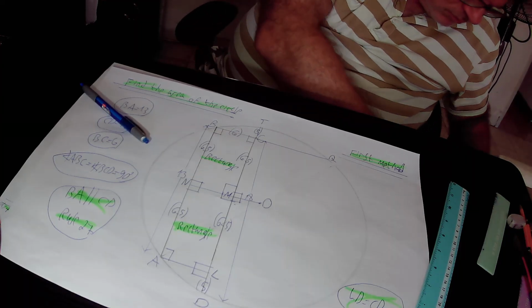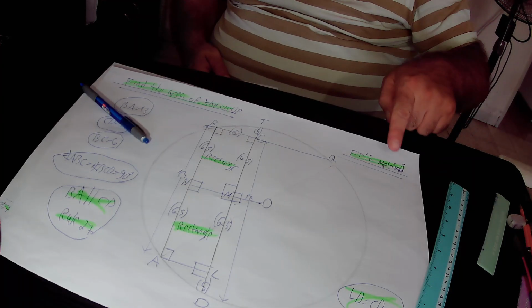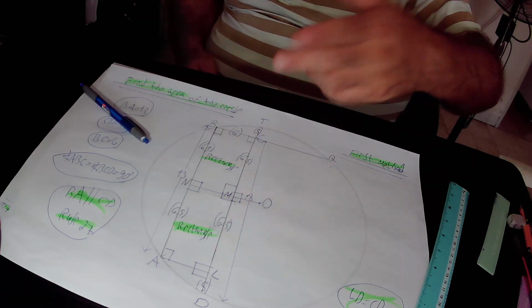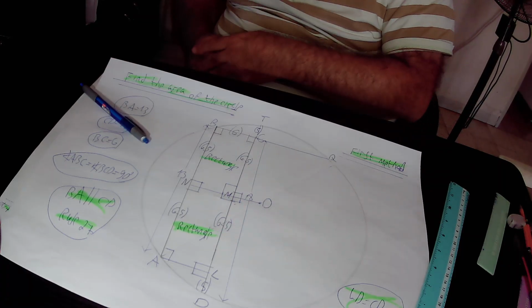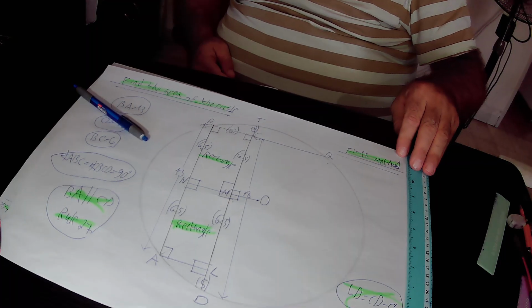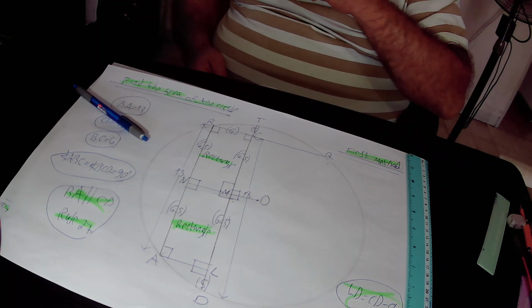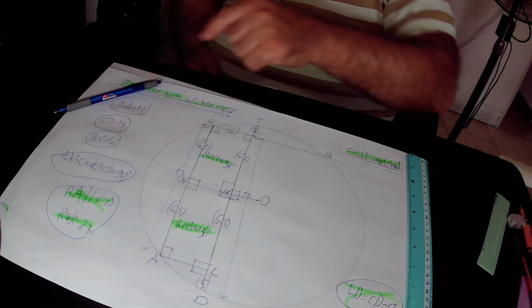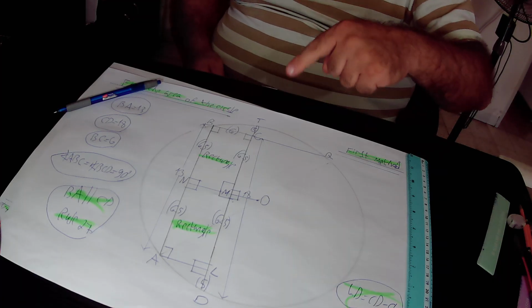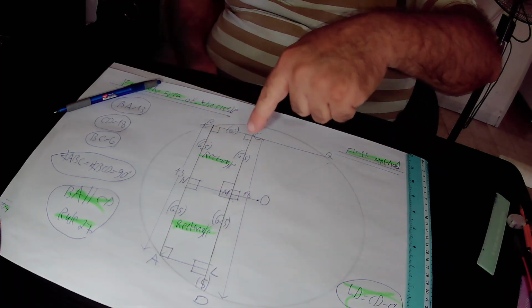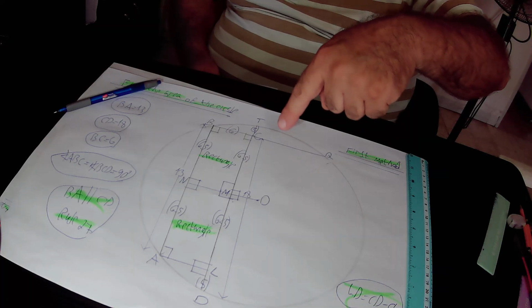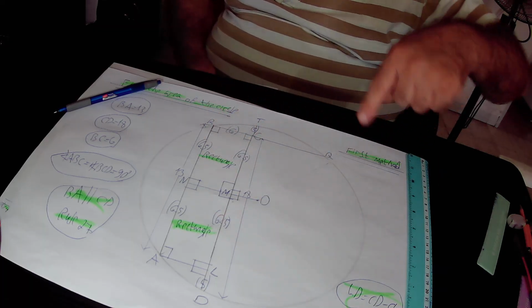We can actually implement rule 15 in our drawing. Why? Because in our drawing, chord BQ intersects with chord TD at point C. So all the requirements of rule 15 are satisfied, and therefore we can implement it. According to rule 15, TC times CD equals BC times CQ.